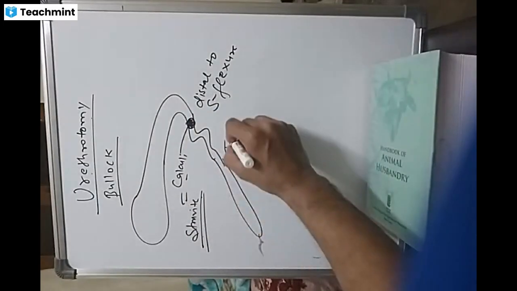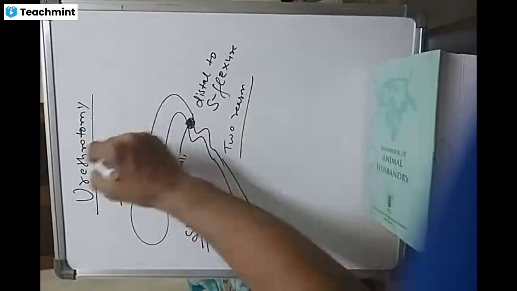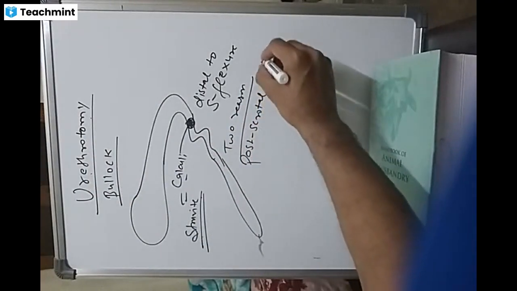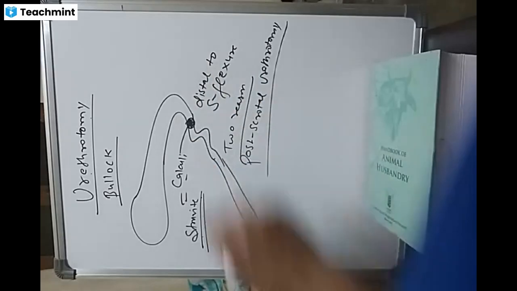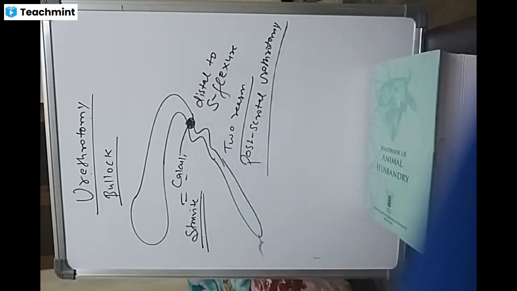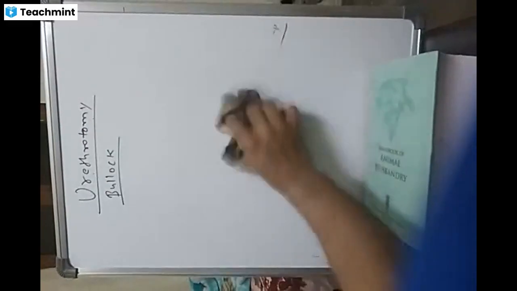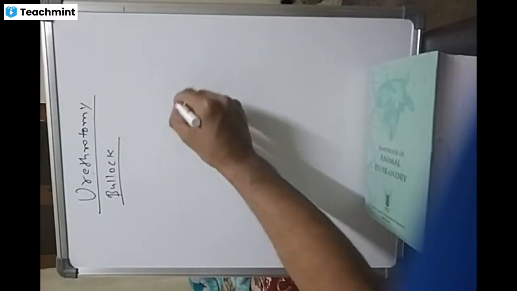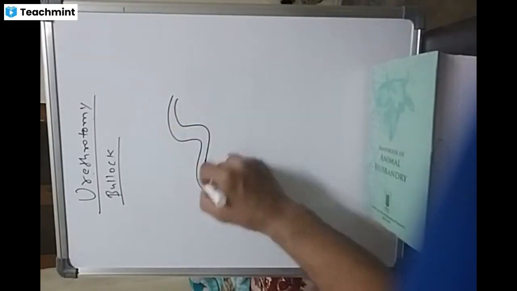Two reasons why we go for post scrotal urethrotomy. In case of bullock, there is the S-shaped sigmoid flexure.